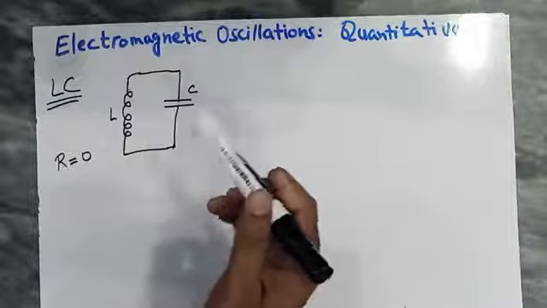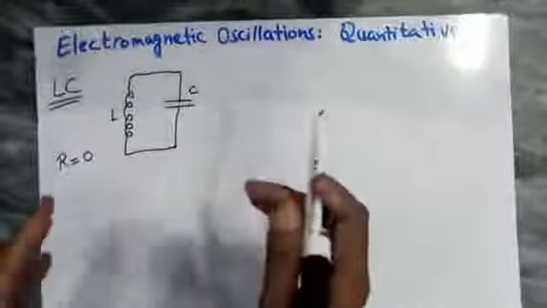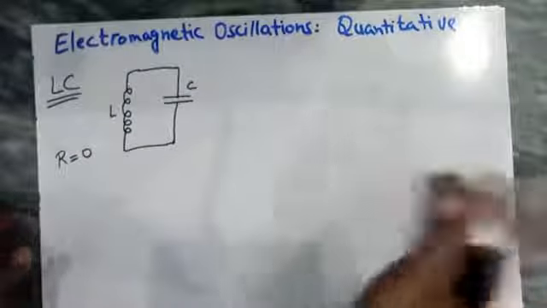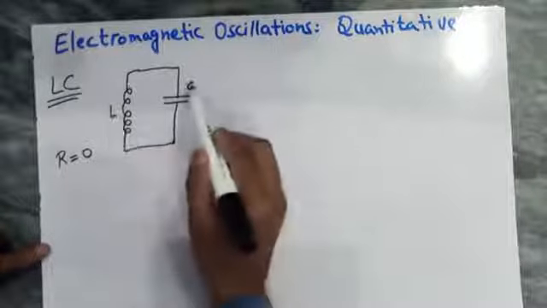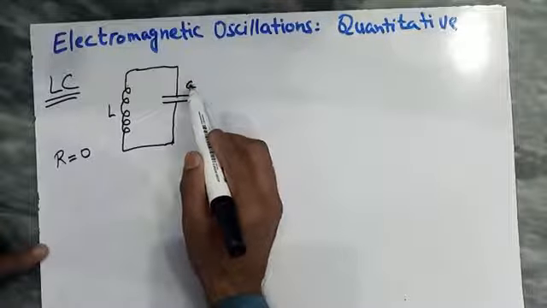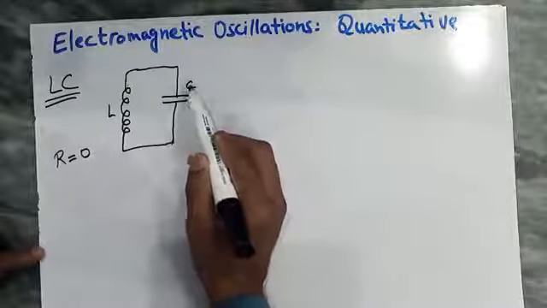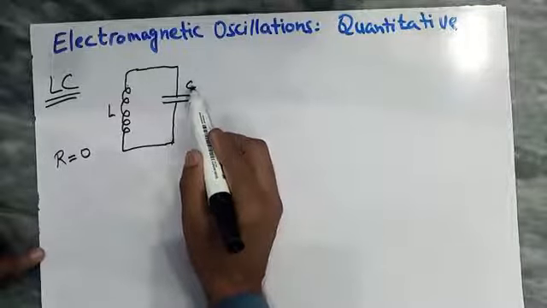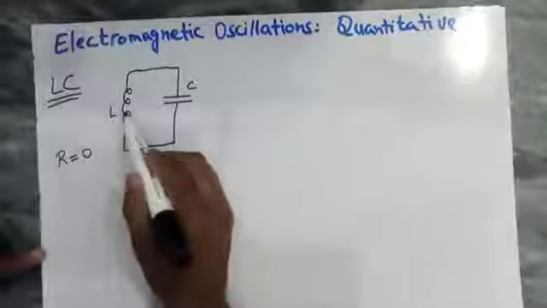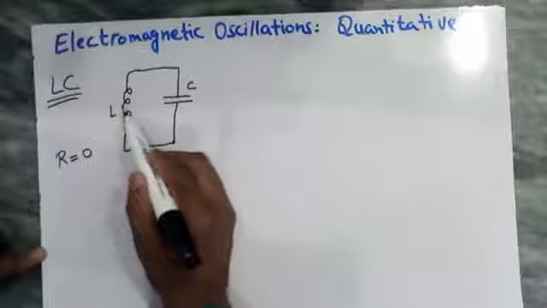As we know, inductor and capacitor both elements store energy. Capacitor stores energy in electric field, and in inductor energy is stored in magnetic field.